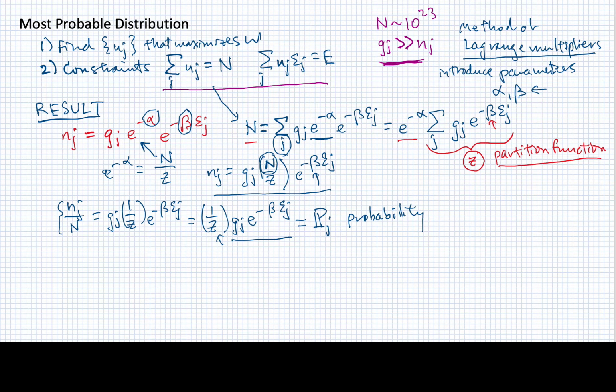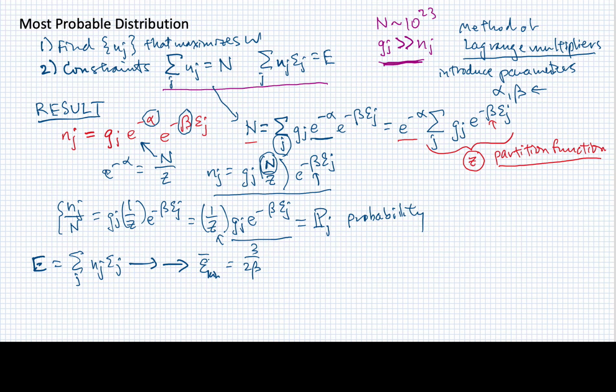Now, if I were to similarly use the constraint for energy, which is equal to the sum over all of these things, nj Ej, it turns out that I can ultimately show, but I'm not going to go through the details here, that this average energy of a molecule, and I'll call it the average kinetic energy, is equal to 3 over 2 beta.